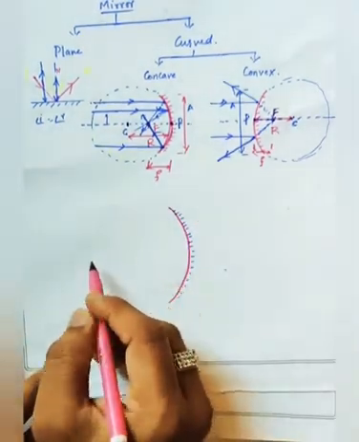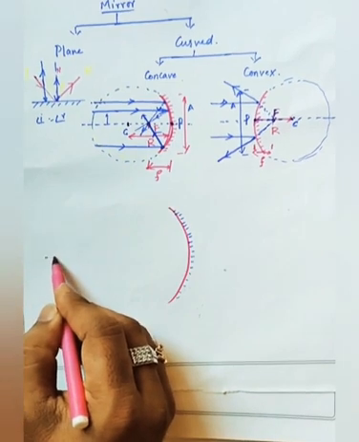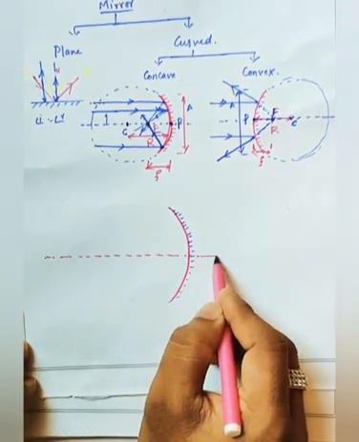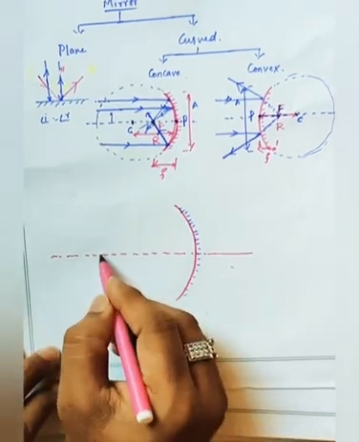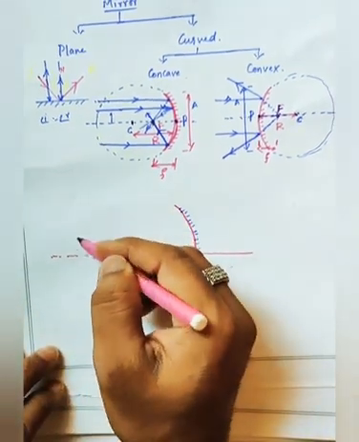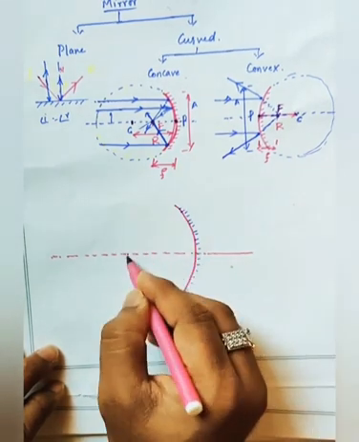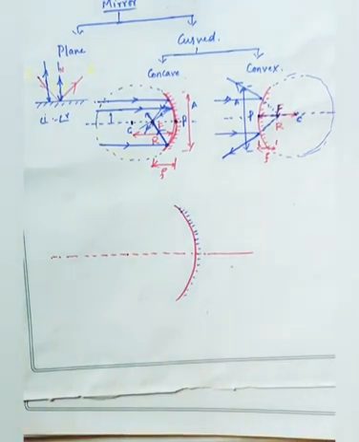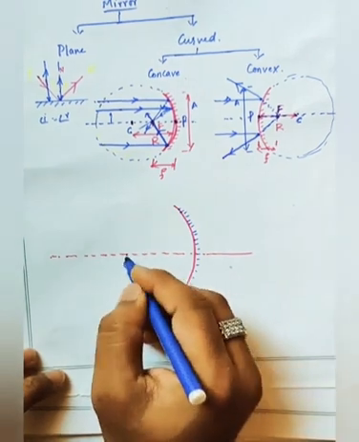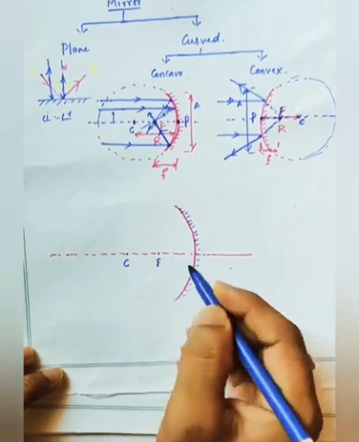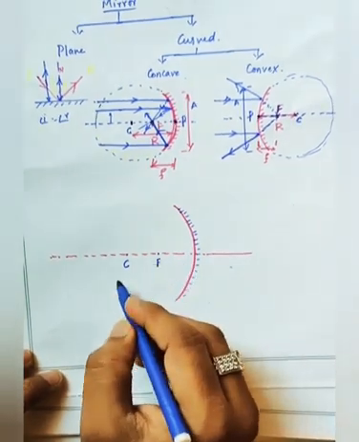So let me draw the principal axis. If I construct a sphere, I can have a center of curvature here, so let me call this C. Exactly at the middle we draw F, the principal focus.